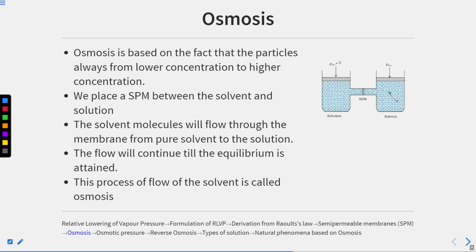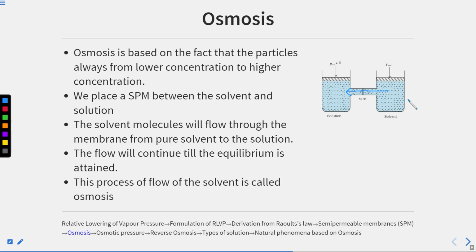The solvent particles will start to move from here to here, because it is an area of lower concentration, or you can say zero concentration, and the other is an area of higher concentration. So the water will move from here to here, and it will flow until the equilibrium is attained. This flow of solvent particles from lower concentration to higher concentration is called osmosis. Okay, this is called osmosis.